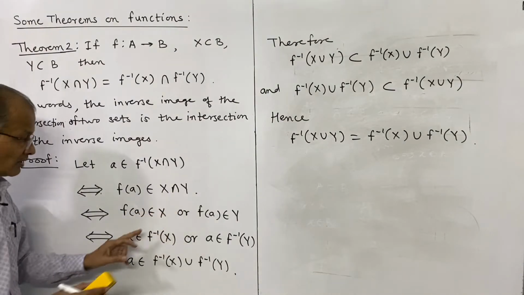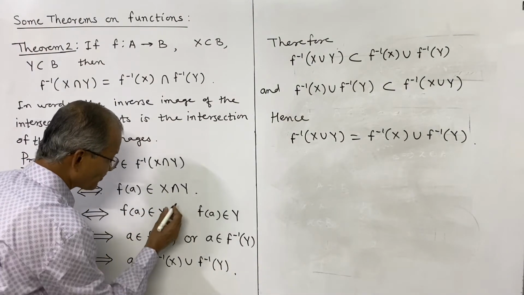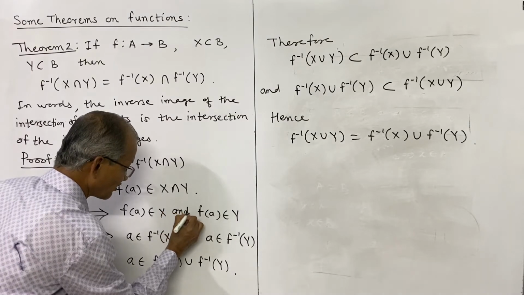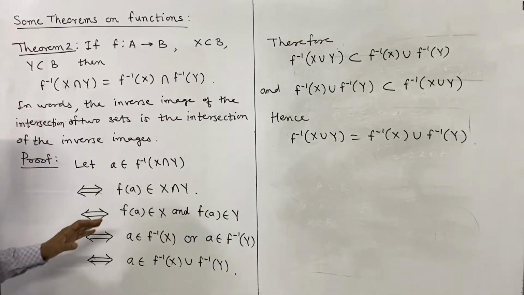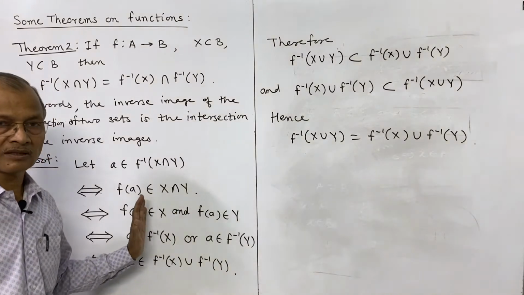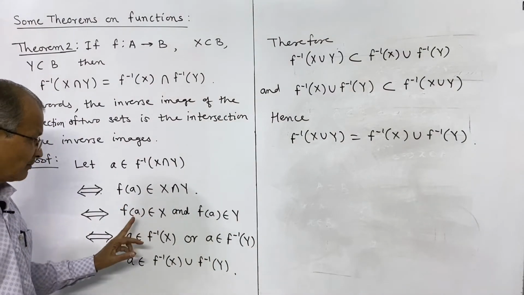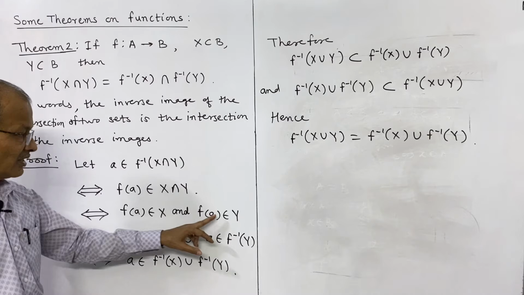It must be in both, and therefore we have to change OR to AND, the logical connective. If an element is in the intersection, then the element must be in both the sets. It must be in X and it must be in Y.